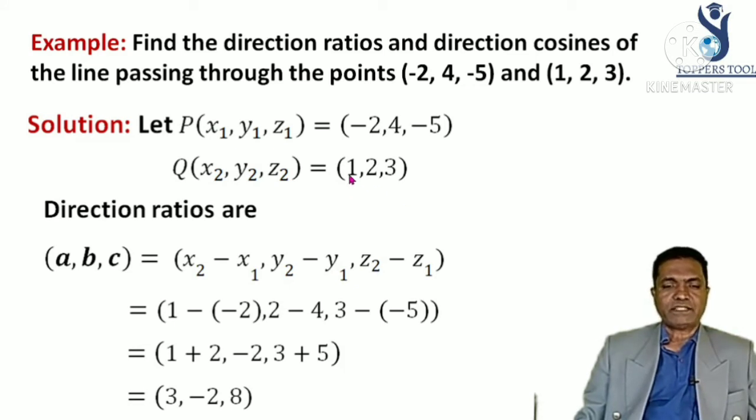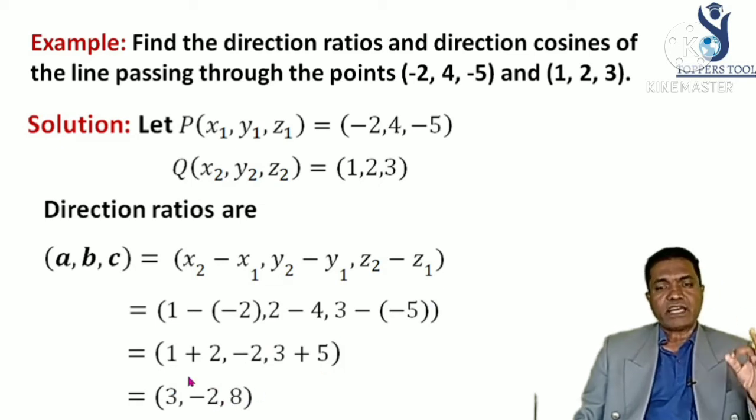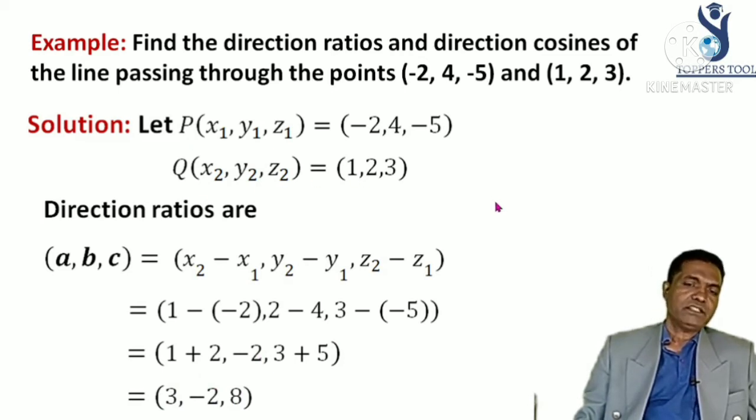So just subtract: 1 minus of minus 2, 2 minus 4, and 3 minus of minus 5, that is plus 5. So you will get 1 plus 2, which is 3, 2 minus 4 is minus 2, and 3 plus 5 you will get 8. So these are the direction ratios of the line joining two points P and Q.